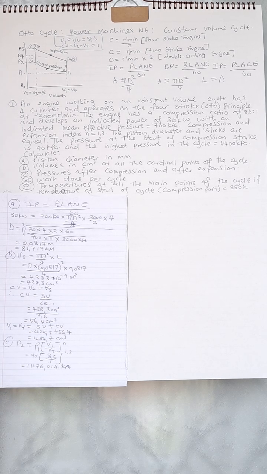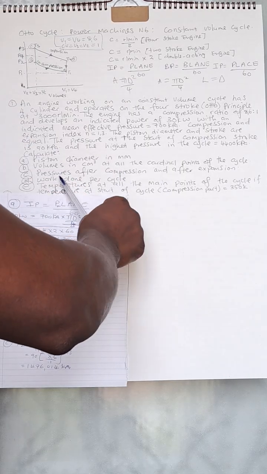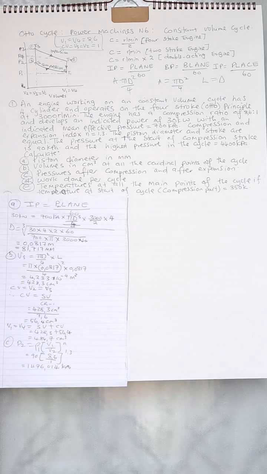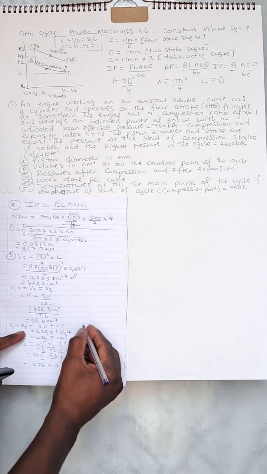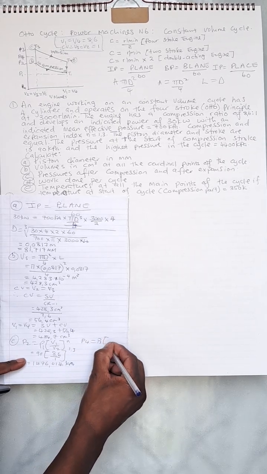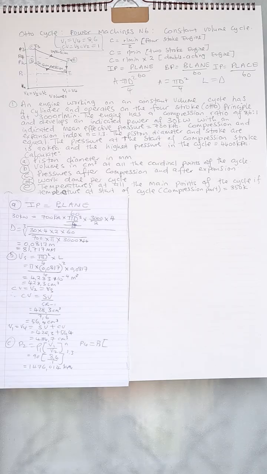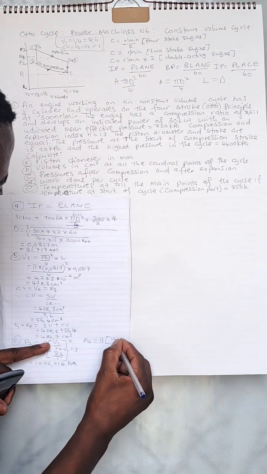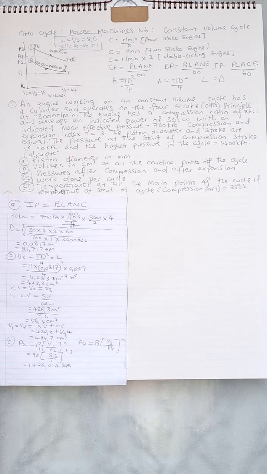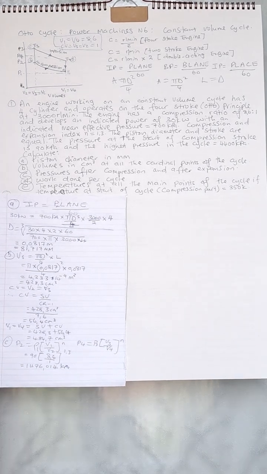We need to also look for our P4, which is the pressure after expansion. To get our P4, we can use a very simple formula: P4 equals P3 into V3 over V4, to the exponent of N. Now, do we have our P3?